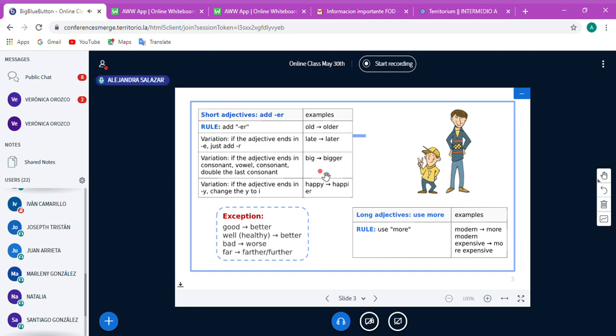Like if we already have E, we only add R. For the words that have consonant, vowel, consonant, I double the consonant. Happy, I change my Y for letter I, and I add ER. For long adjectives, I use more, and the exceptions I have to learn: good, better, bad, worse, far, farther, or further. Yes, Antonio, like far, far away.